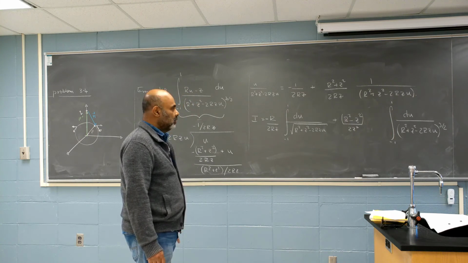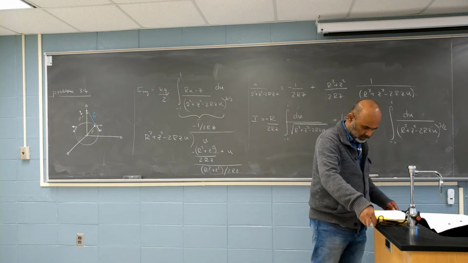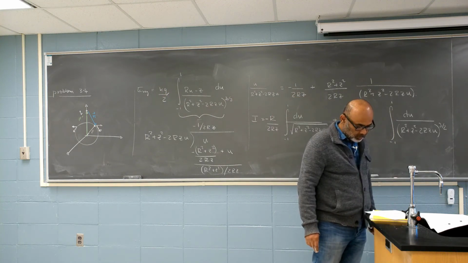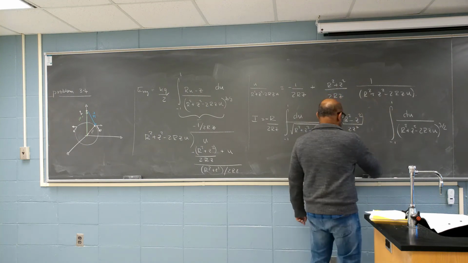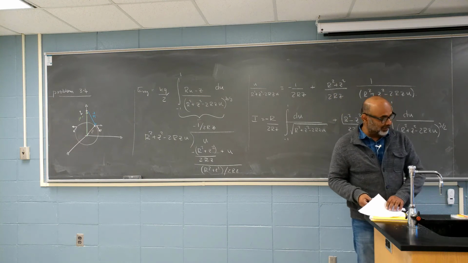Single Z over 2Z. We made a 2Z squared under 2Z. It's not what I have in my notes.